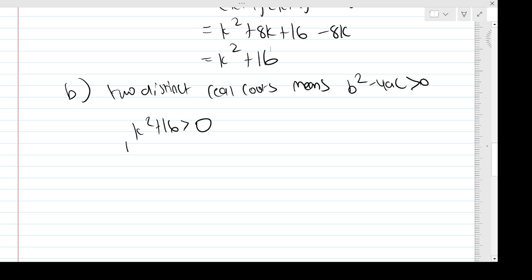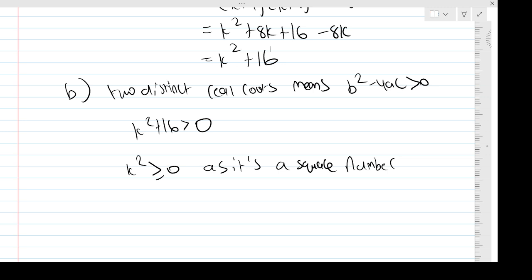Well, hopefully you realise we have a square number, right? k squared is always at least 0, as it's a square number. Think back to completing the square, we were used to it quite a lot, where the fact we have a square number means that it has to be positive or at least 0.